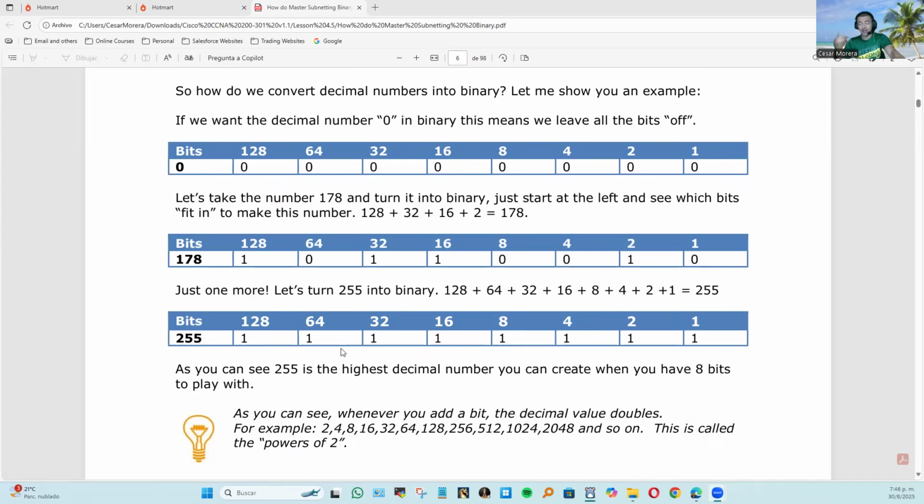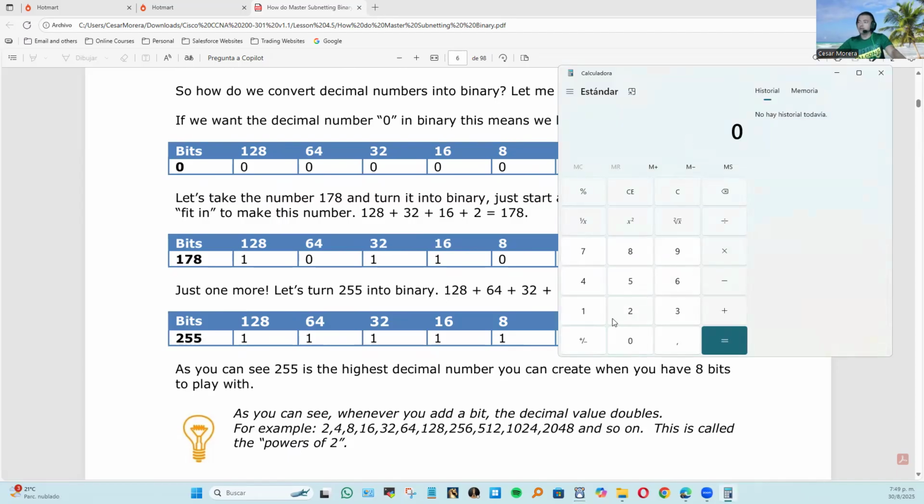Now, what happens when you add up everything at once and everything is turned on? We will be getting the highest decimal value, which is 255. So let me see if I can open up the calculator so I can show you.